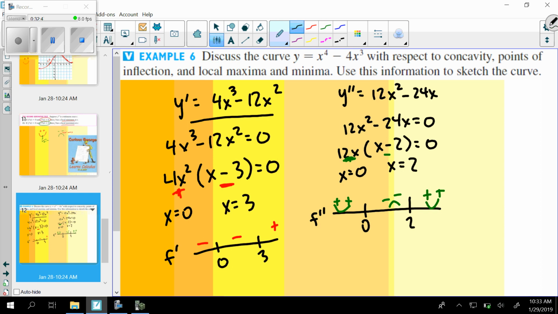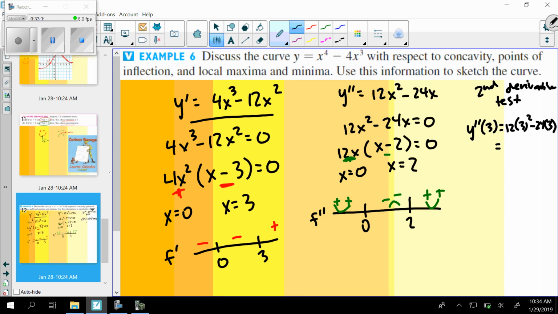We could also use this second derivative if we wanted to test to see what kind of points 0 and 3 are using that second derivative test. So that second derivative test could let us test, say, and see what kind of point 3 is. So what would the second derivative be at 3? If we were to plug 3 in, we'd get 12 times 3 squared minus 24 times 3.